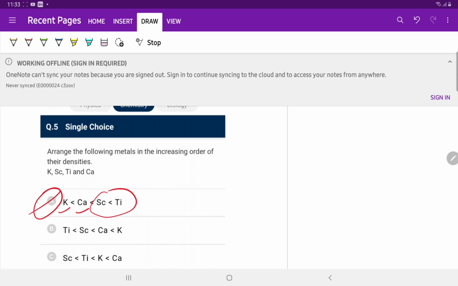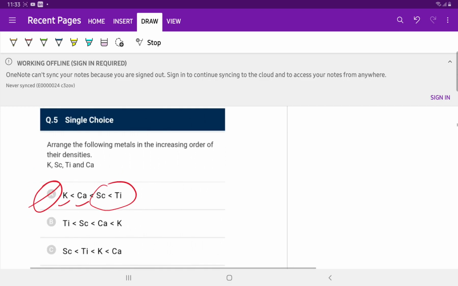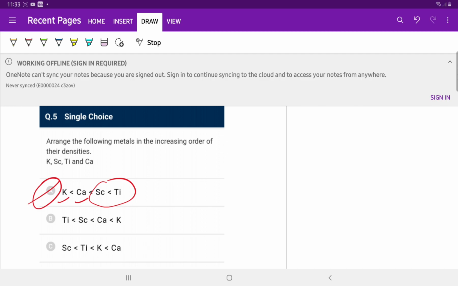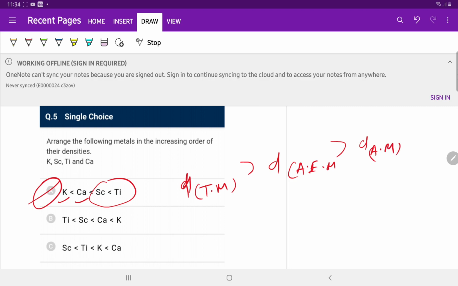Between scandium and titanium, there are 3 unpaired electrons in titanium, so interatomic metallic bonding is strong in titanium, so density is high.